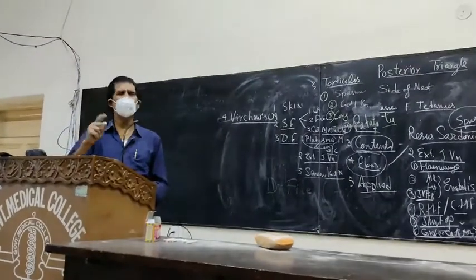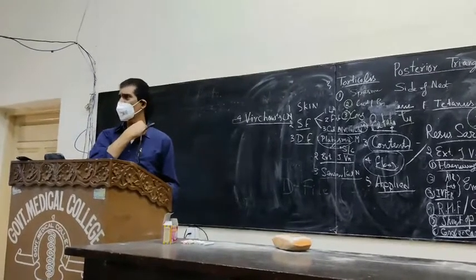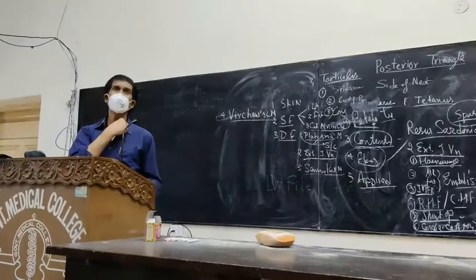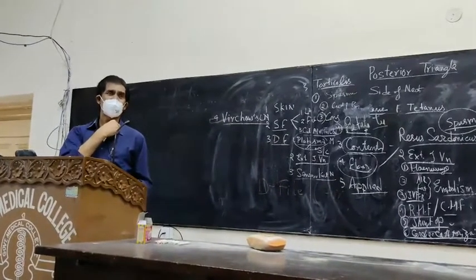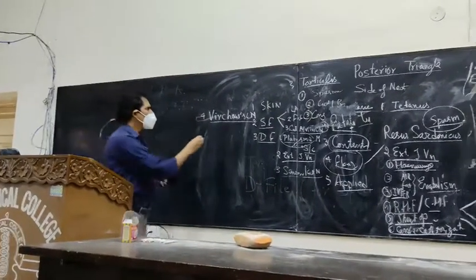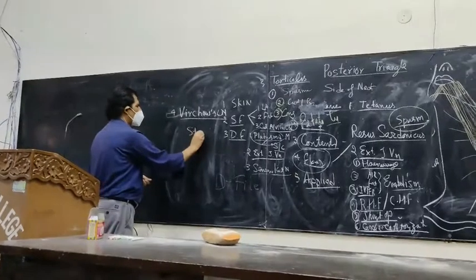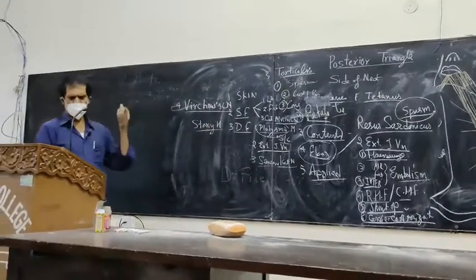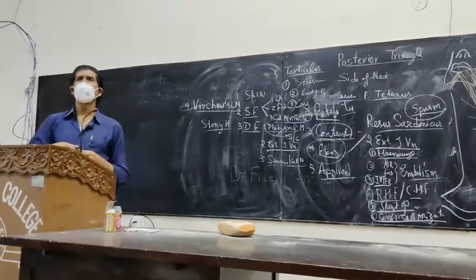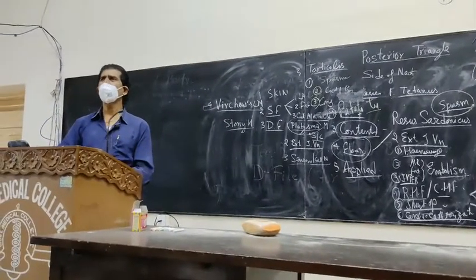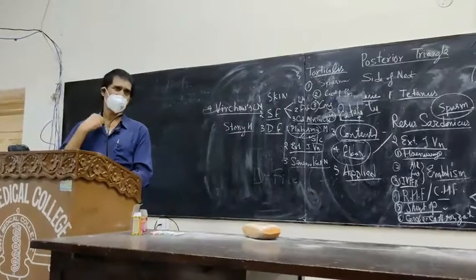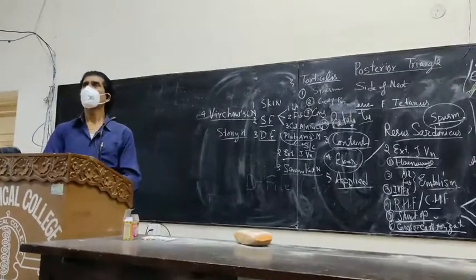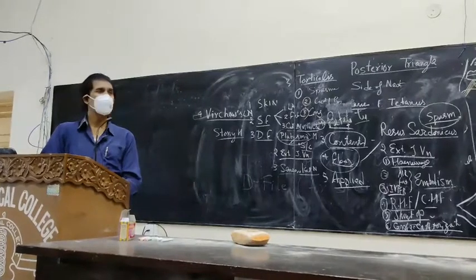And if any patient comes with a swelling of this lymph node, and if this lymph node is enlarged and stony hard, like a stone, what does it signify? That the patient is suffering from malignancy of any of the organs of the abdomen or thorax. It is a very important diagnostic lymph node. Virchow lymph node.